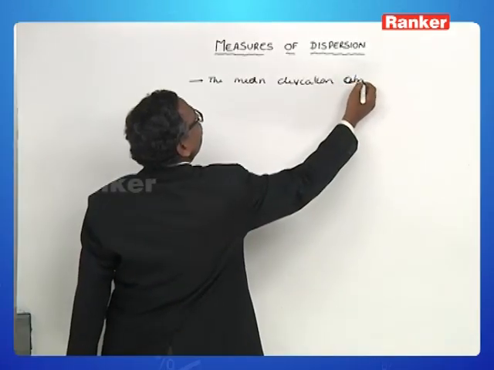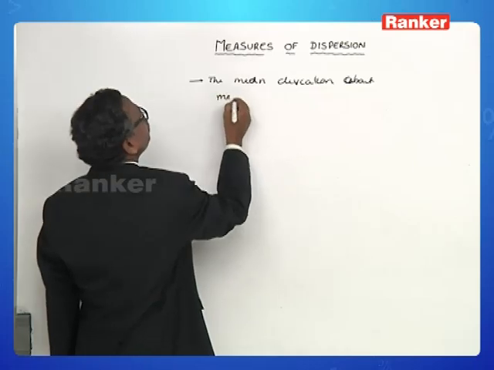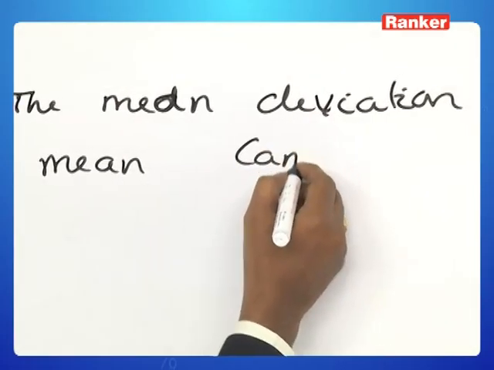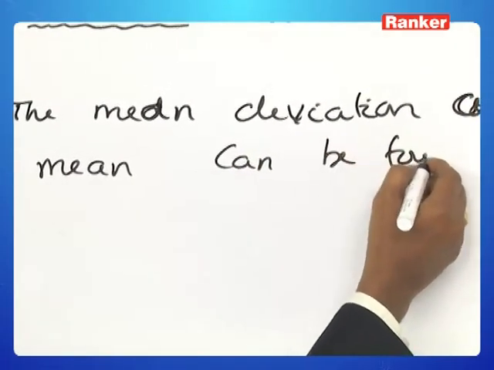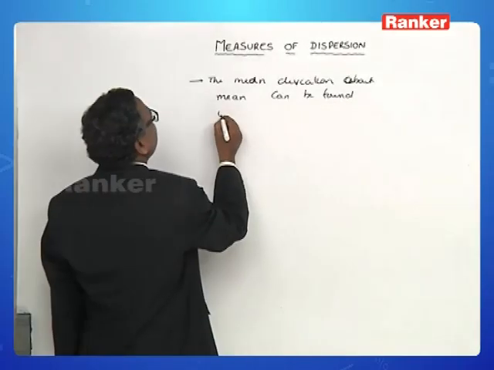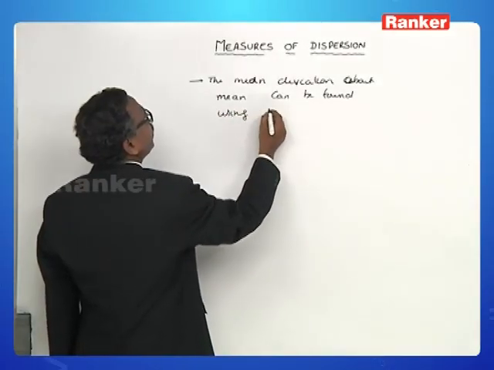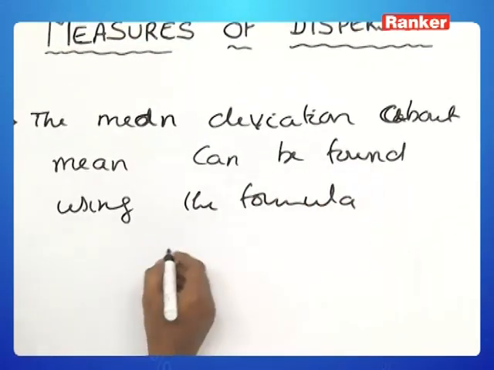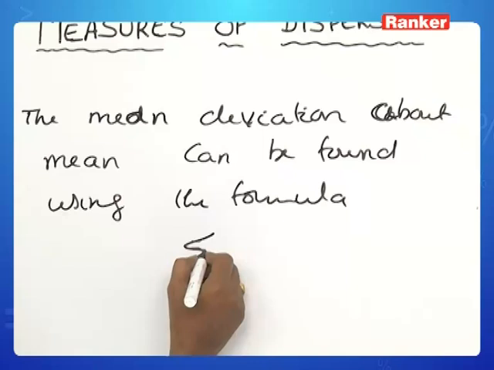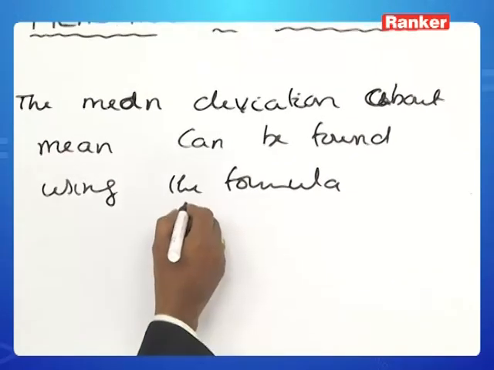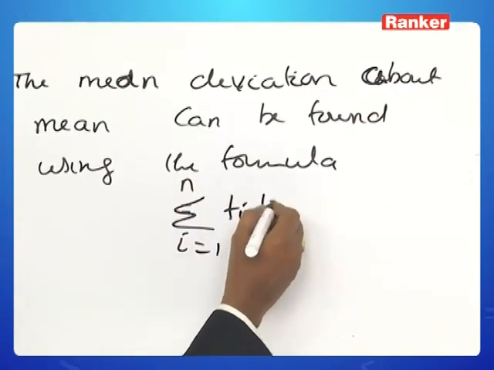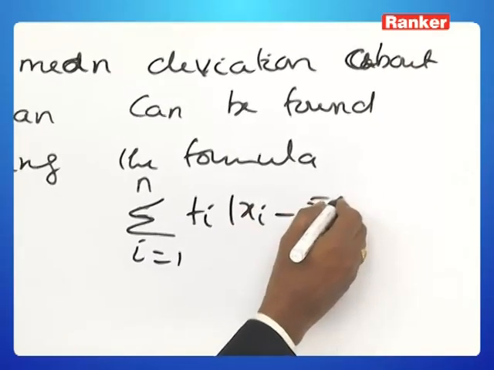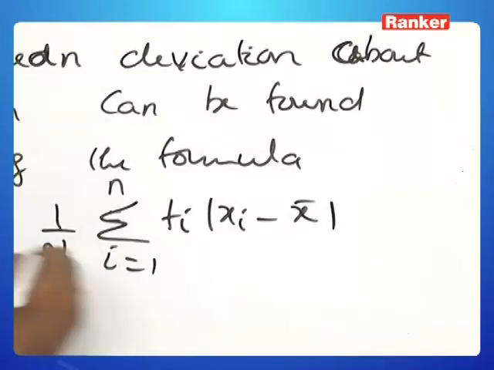The mean deviation about the mean can be found using the formula: sigma i runs from 1 to n Fi into modulus of xi minus x bar, divided by n.